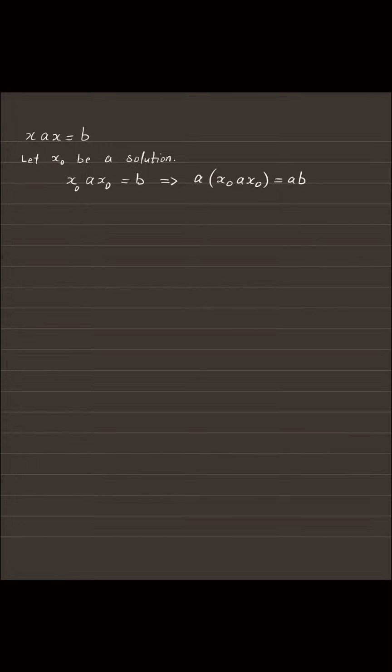So it doesn't matter how I group the elements. I'm not allowed to rearrange them because it is not guaranteed the group is abelian. So here I can group these two together and these two together. So I can write it as a x naught together, a x naught together.